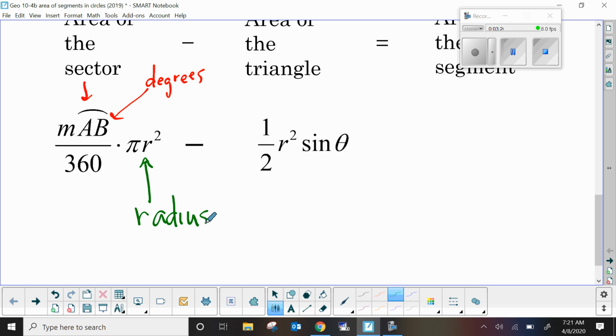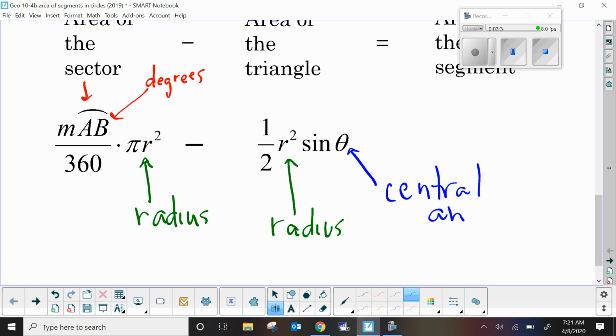We're going to subtract 1/2 r squared, again, r representing the radius, and theta represents the central angle. This formula to find the area of the segment is pretty simple. All you have to do is plug in numbers and use the calculator.